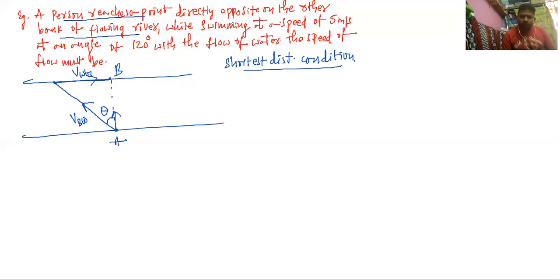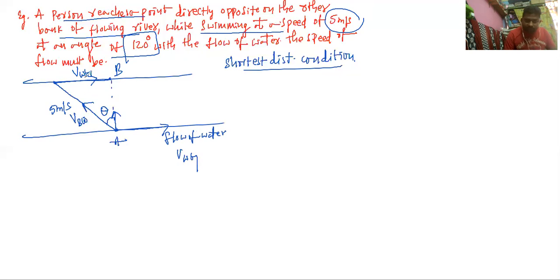While swimming at a speed of 5 meters per second, he is swimming with a speed of 5 meters per second here, at an angle of 120 degrees with the flow of water. See, this cannot be 120, it is less than 90, right? So the flow of water is this one. This can also be written as velocity of the water with respect to ground.